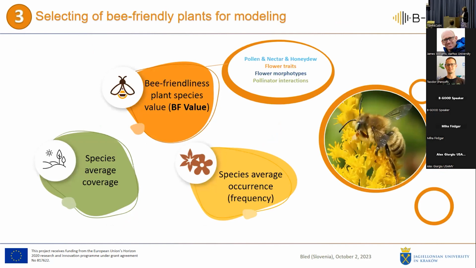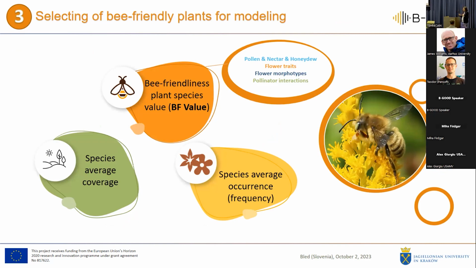The next step was, of course, to define the final list of plants for modeling, taking into account which are really important for pollinators and for honeybees. For that purpose, again, the team at the Coimbra University developed what they called the bee-friendliness plant species value. So each plant was ranked according to its friendliness to the bees.